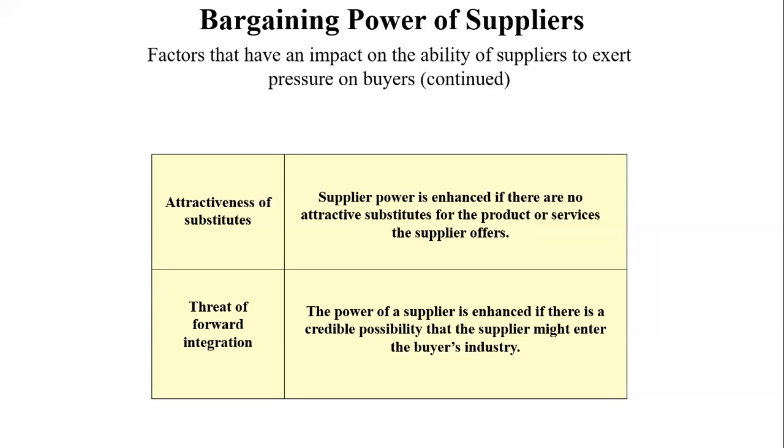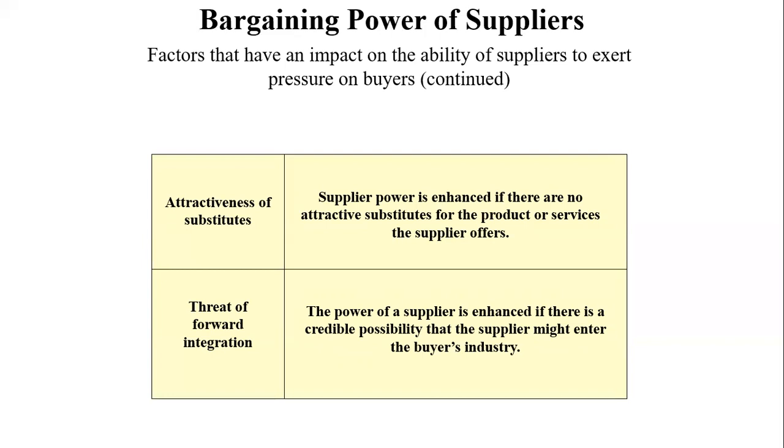Now, attractiveness of substitutes has also been identified as a way of ascertaining the bargaining power of suppliers. So when supplier power is enhanced, what does it mean? Supplier power is enhanced if there are no attractive substitutes for the product or services that the supplier offers.